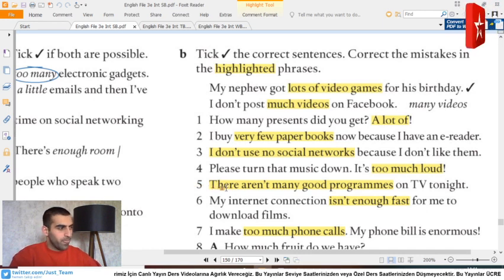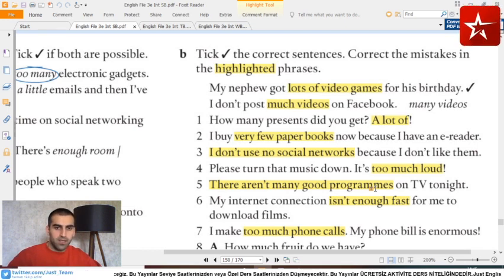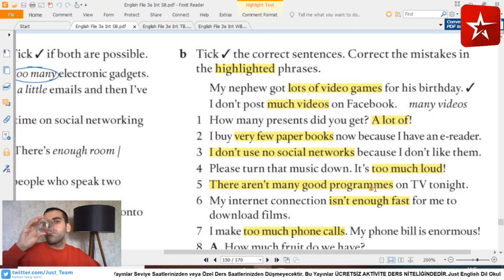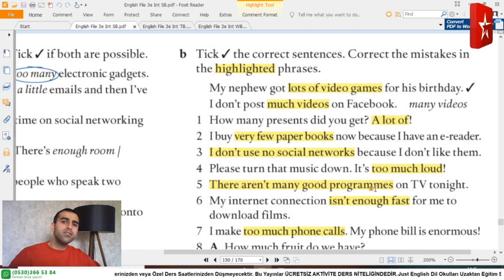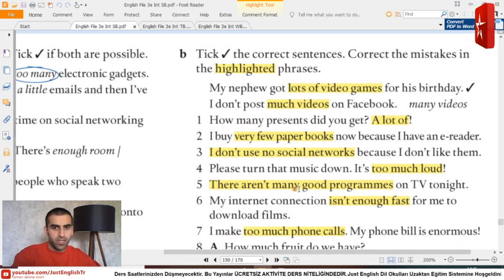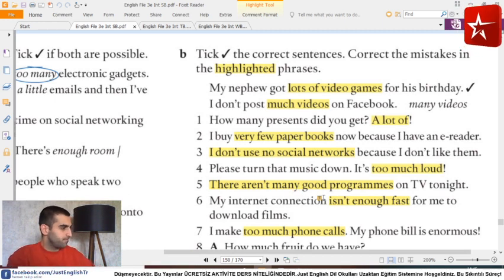Number 5. There aren't many good programs on TV tonight. So which one? Is there any mistake in sentence 5? There aren't many good programs on TV tonight. Okay, let's check the answers.